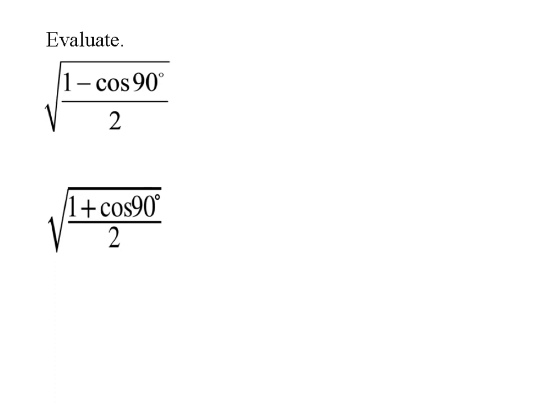So if you look at your half angle formula box on your formula sheet, what we see here is the positive square root of 1 minus cosine of 90 over 2. So square root of 1 minus cosine theta over 2, that looks like it is the half angle for sine.